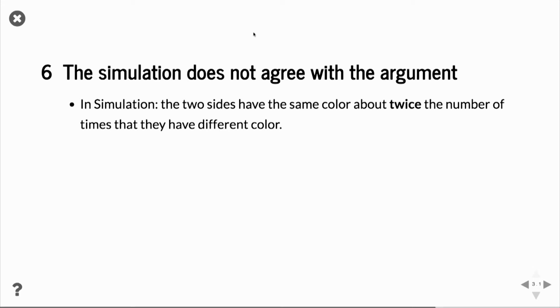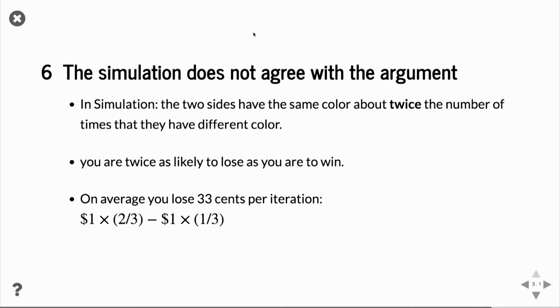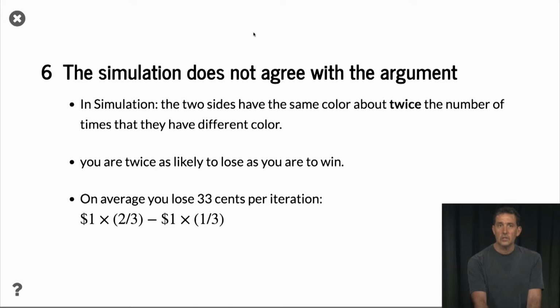So they have about twice the probability. What does that mean? It means that if you play this game, you are twice as likely to lose $1 as you are to win. And because of that, on average, you are going to lose 33 cents per iteration, because you lose $1 with probability 2/3, and you gain $1 with probability 1/3. So you're losing 33 cents on each iteration.